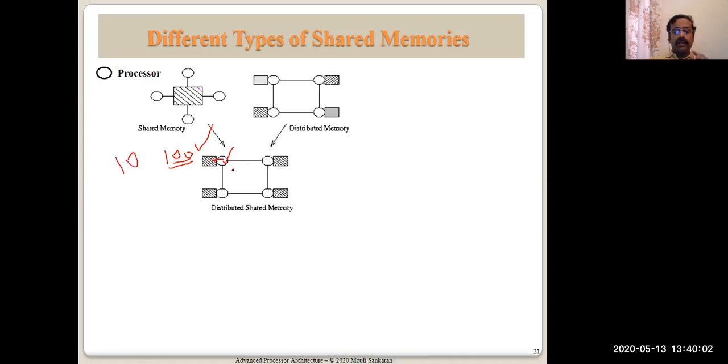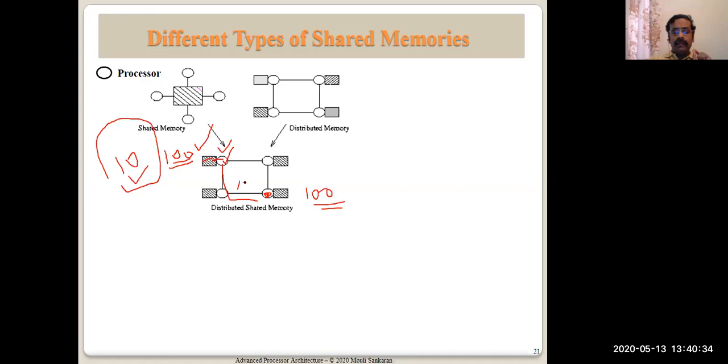But if the same address has to be accessed by a processor here, it has to go through this interface to access the memory. So it is not a directly connected location. It is physically somewhere else. So that same address 100 for this processor will not take the same number of cycles, 10.